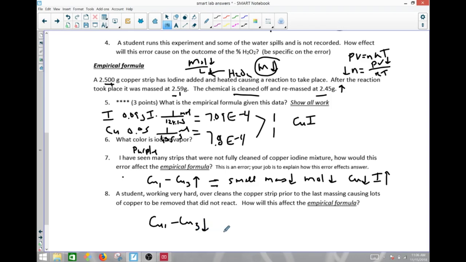The error is that it's smaller than it's supposed to be. Now we subtract that value, and that makes this thing larger. I'm not going to go through all of the same analogies, but essentially it reverses the process, making the copper seem larger than it's supposed to be, and consequently the iodine smaller than it's supposed to be.